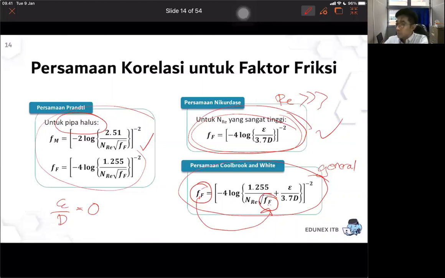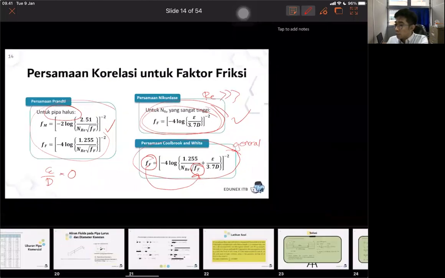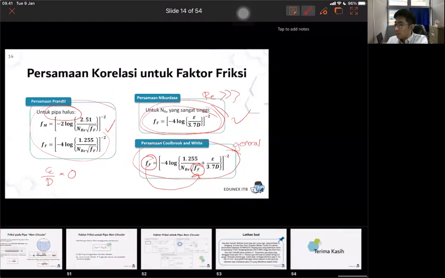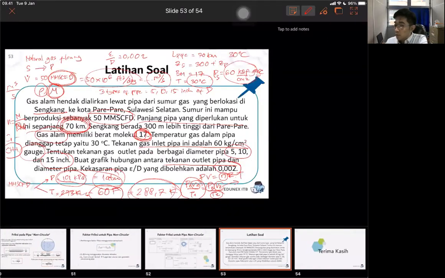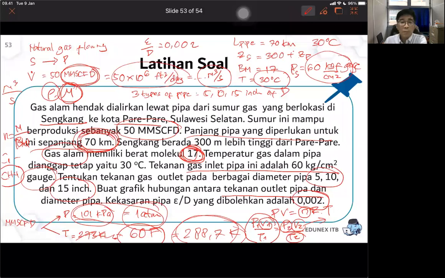Okay, any question? So please do the calculation by yourself first at home. But please be careful when converting the units. This one is already in absolute, MMSCFD, but the actual condition, the 60 kilogram force per square centimeter, is still in gauge pressure.